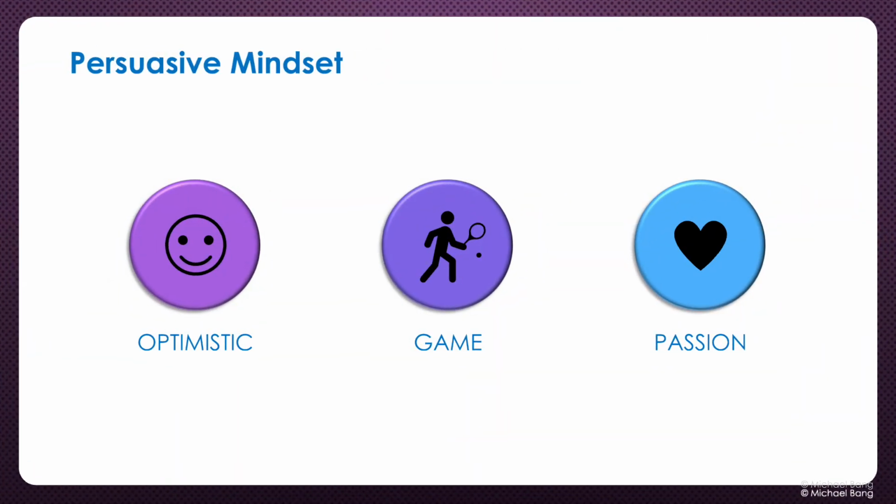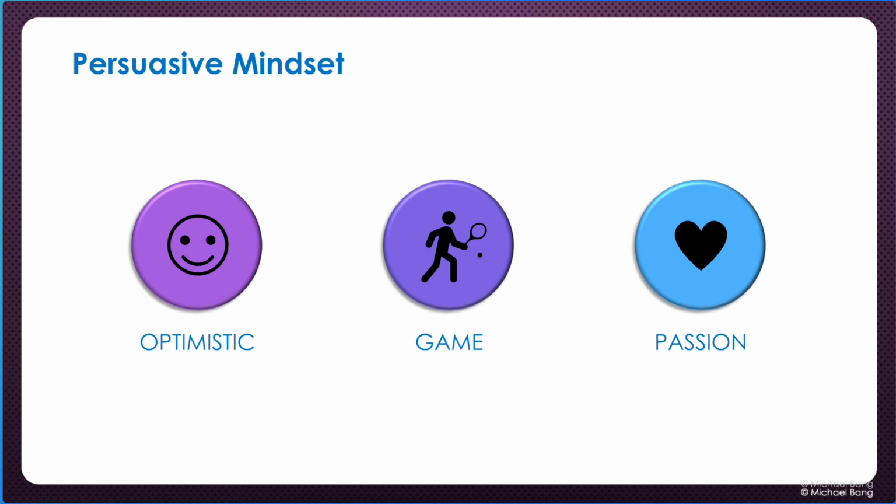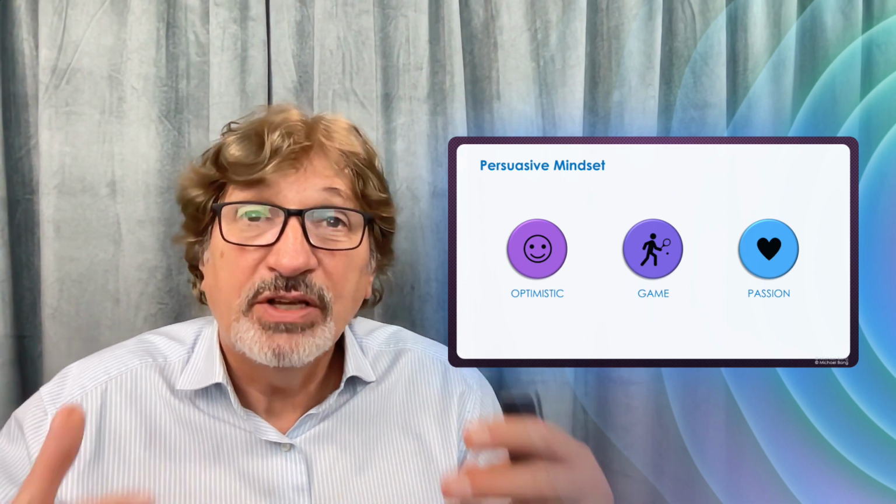So first of all, let's look at what is a persuasive mindset. What is the mindset of a good persuader? First of all, it's a person who is very optimistic. That means when you go into persuading, you believe, I can go through the barriers, the difficulties. I'm optimistic.